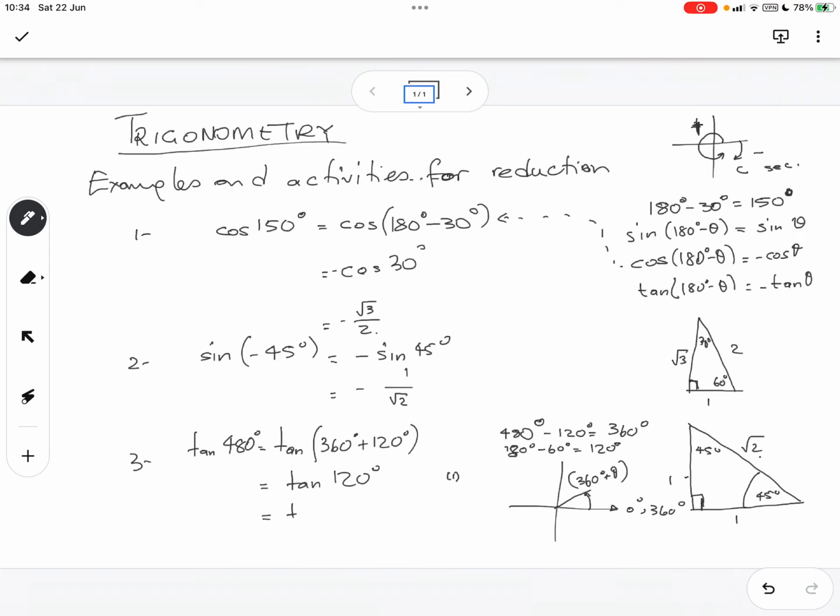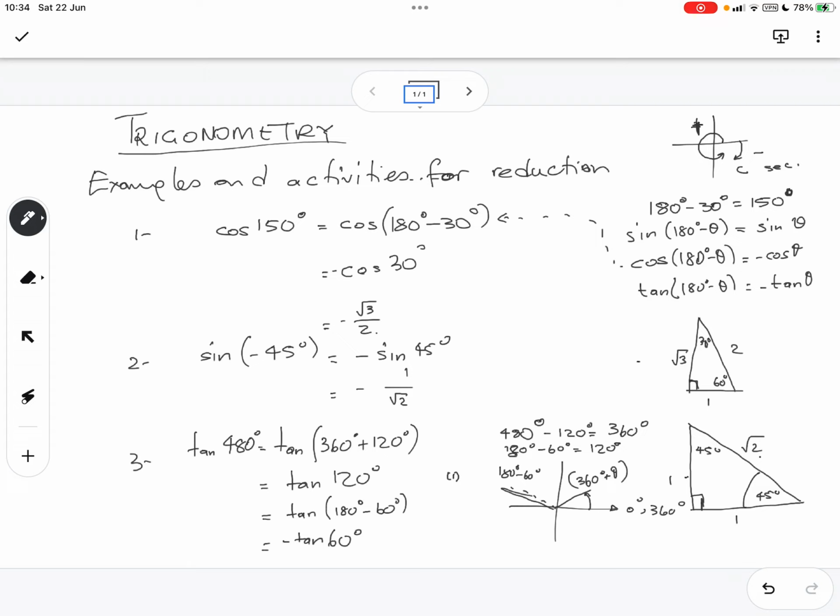Then we can write it as 180 degrees minus 60. And this gives us a tan of 180 degrees minus 60. And 180 degrees minus 60 is in the second quadrant where sine is positive, and that means tan is negative. So we're going to have negative tan of 60 degrees.